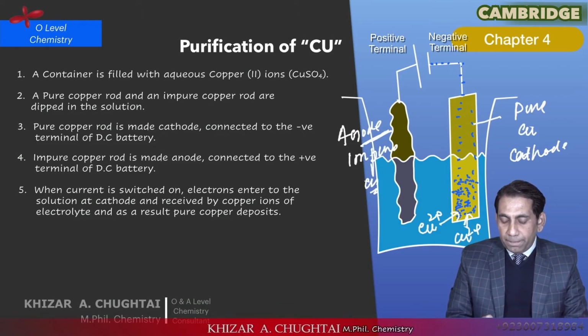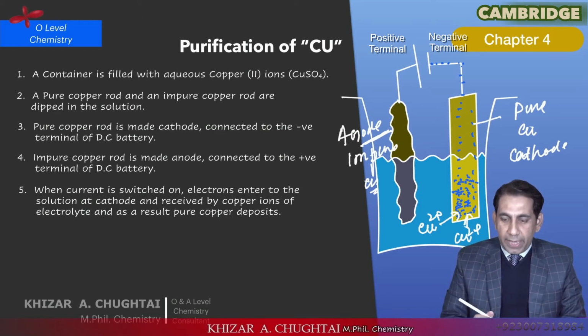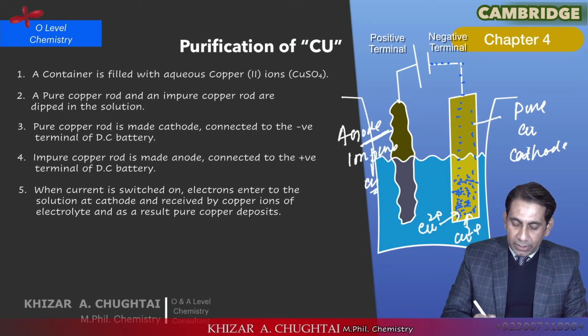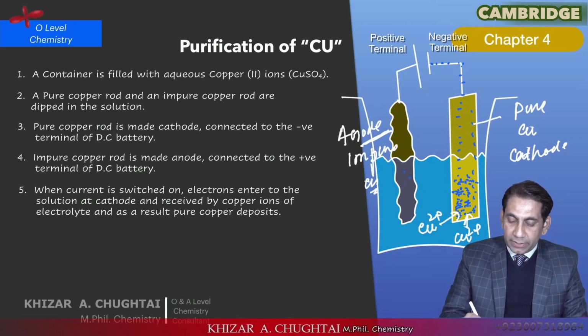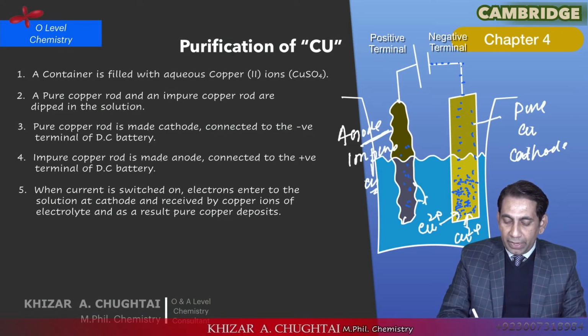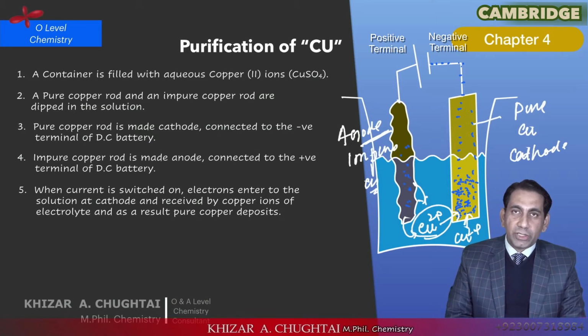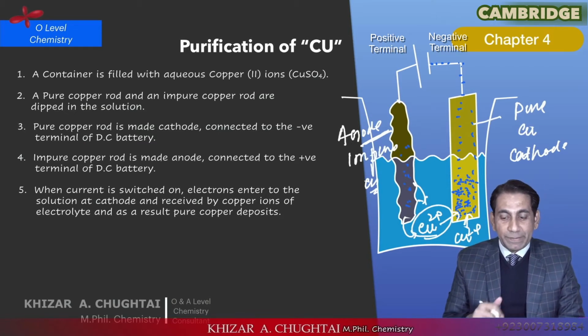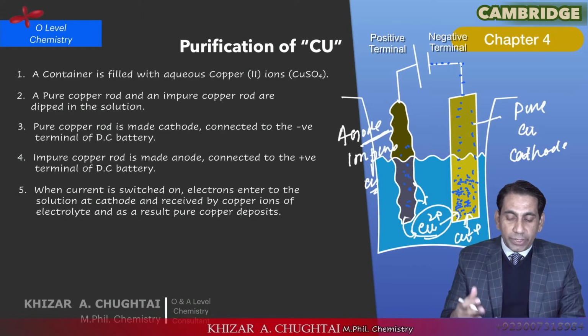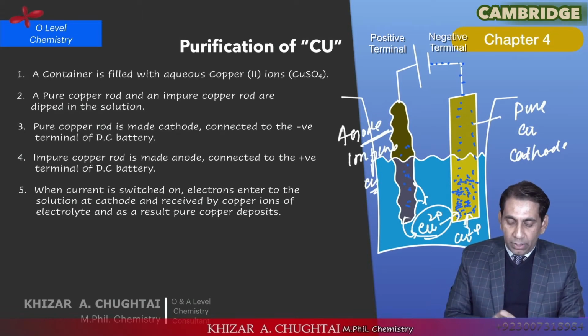At the same time, there is dissolution of the anode. The copper present in this impure rod will start to dissolve. It will jump into the electrolyte and make copper 2 positive ions. In this way, there is compensation for the copper 2 positive ions that are being lost, that go to the cathode and are deposited.